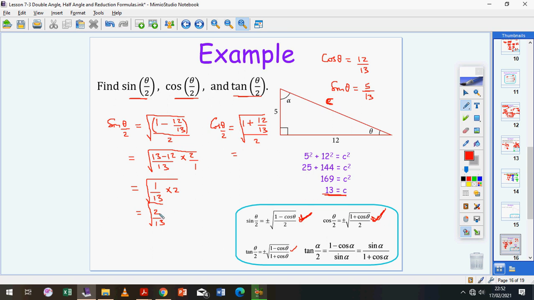So I'm not going to specify which quadrant it is, because the question did not tell me anything about it. Simplifying this gives me 13 plus 12 divided by 13 times 1 over 2, everything under square root, plus or minus. Simplifying this gives me 25 over 26, all under square root, still plus or minus.